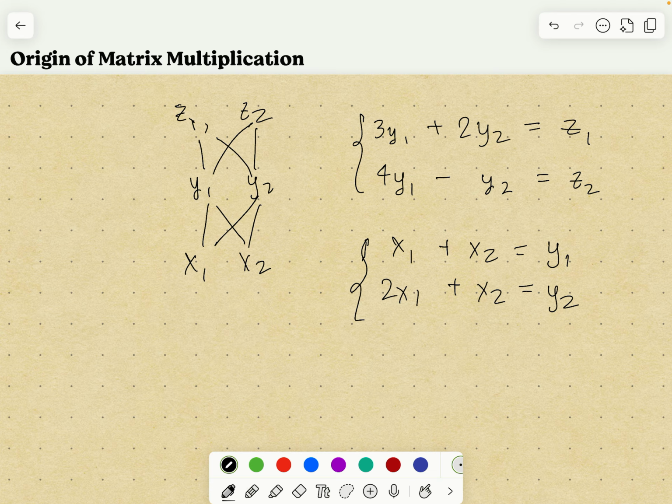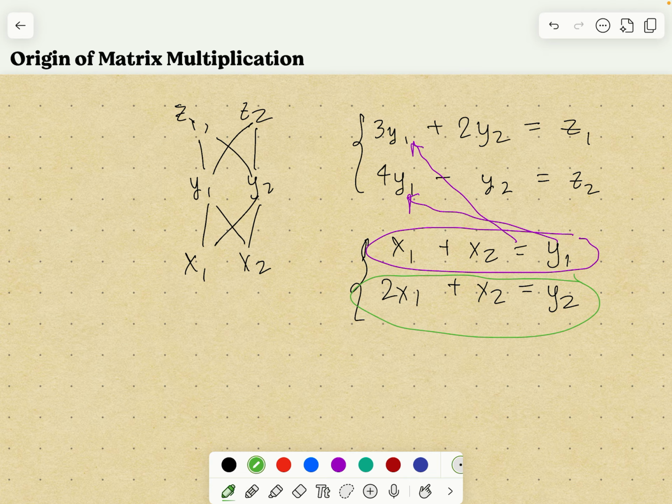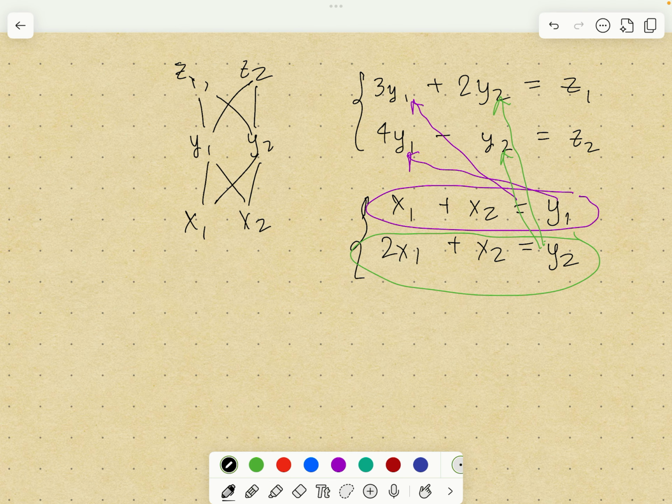So to get the z's in terms of the x's, you can substitute this equation in for y1 here and there, and substitute the other equation in for y2 here and there. And that will give you z1 and z2 in terms of x1 and x2.